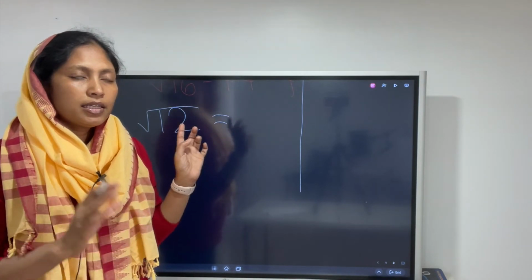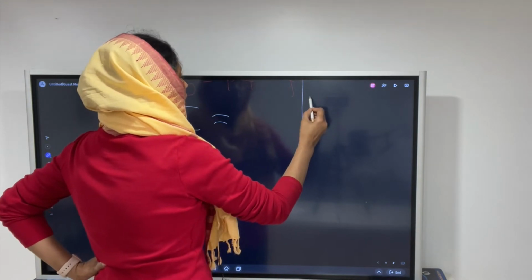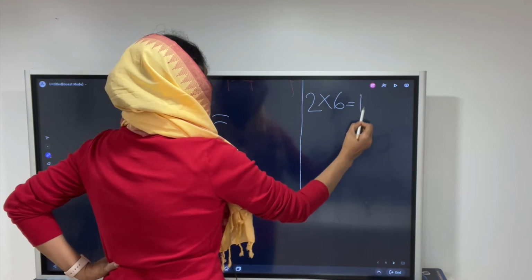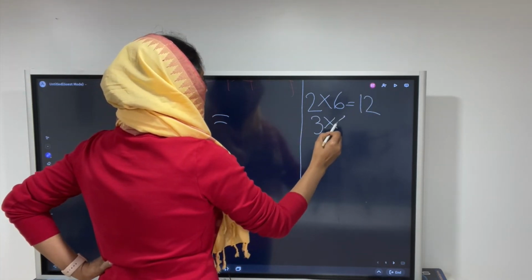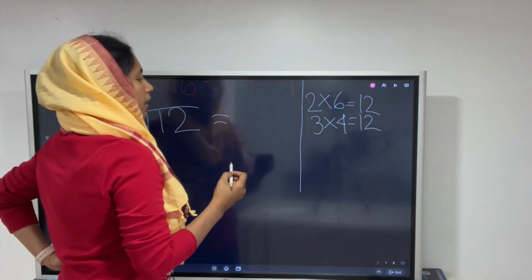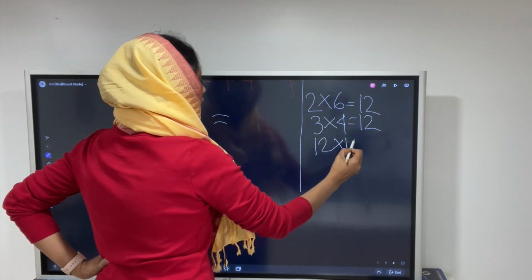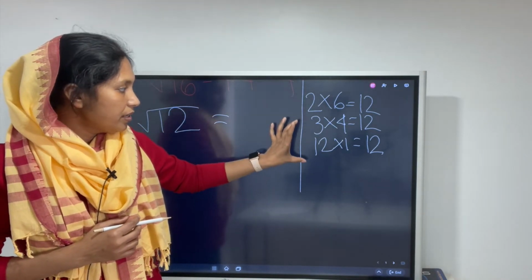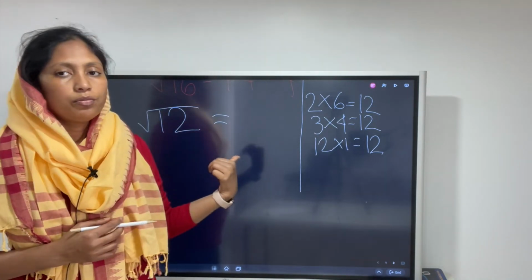It's like 2 times 6 is 12, and 3 times 4 is 12, and what else? 12 times 1 is 12. So in these 3 cases, you have to find a perfect square number to break it down.